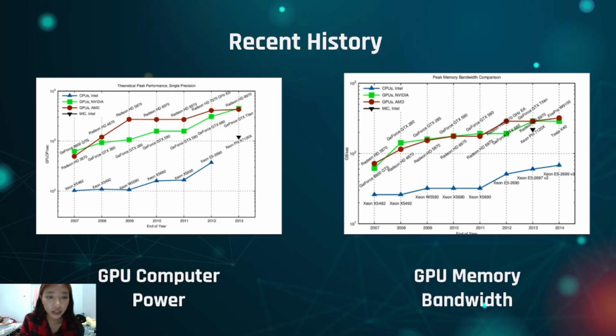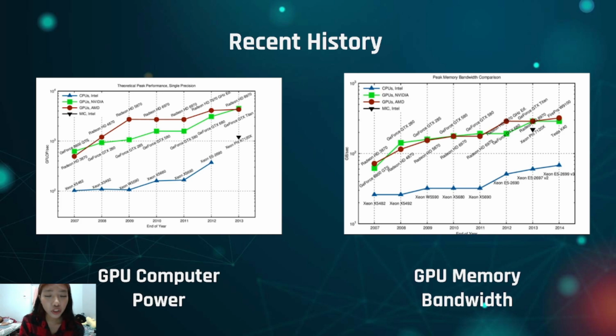In the last decade, there has been an incredible leap in GPU computing power. As you can see based on the graph, more advanced manufacturing processes allow for more transistors on a chip, along with architecture improvements like parallel processing. As for GPU memory bandwidth, it has also seen a massive increase. GDDR5 was the standard for a long time, offering bandwidths up to around 28 GB per second.